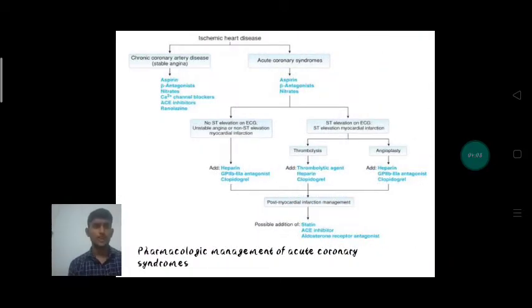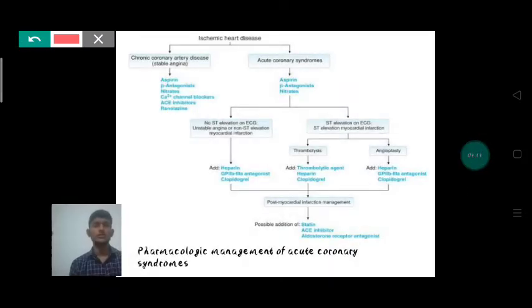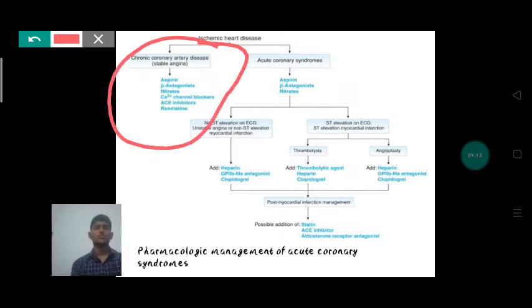Here is the diagrammatic representation of the drugs used in the disease. In chronic angina, aspirin is used. Aspirin in low dose has an antiplatelet effect, so the blood gets thinner and flow continues, as even if the lumen is small the blood can easily flow.